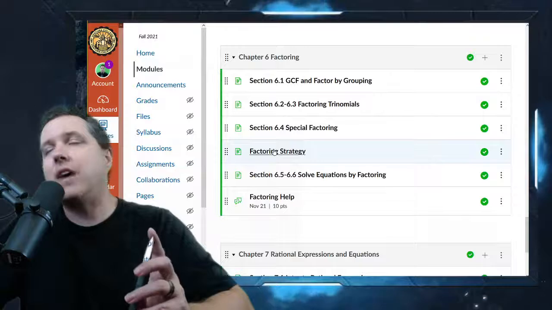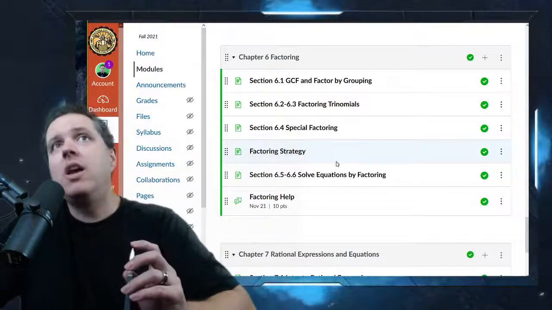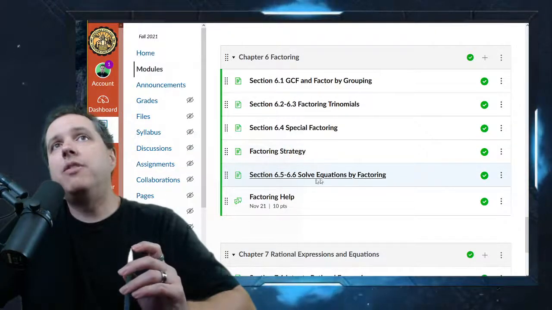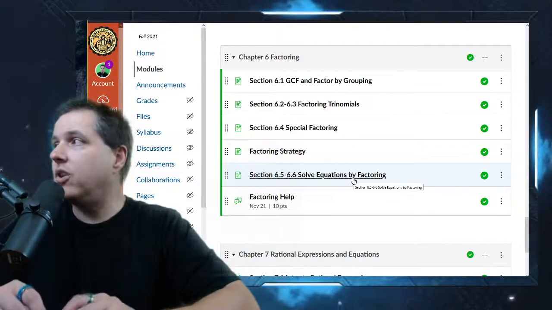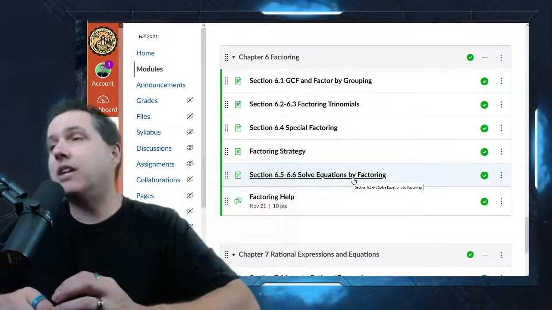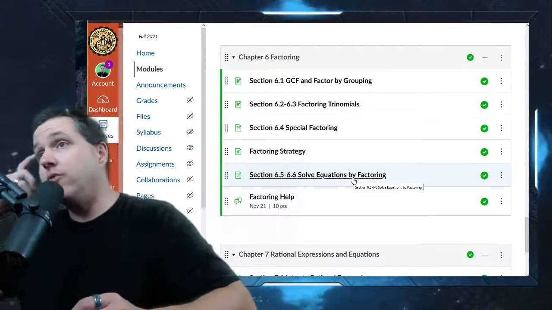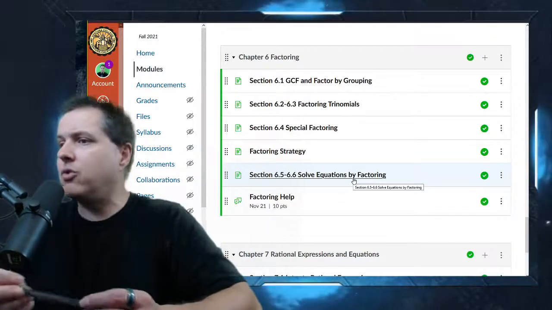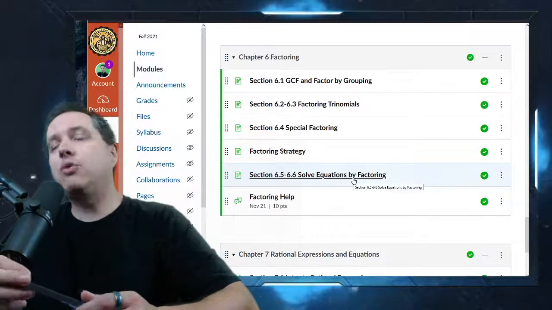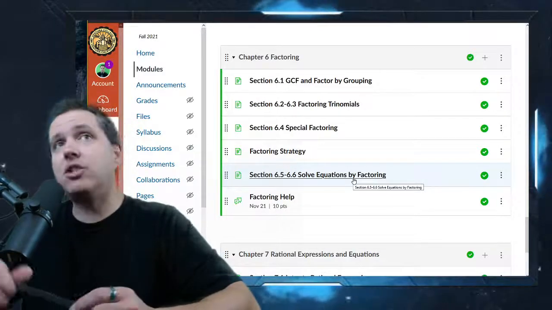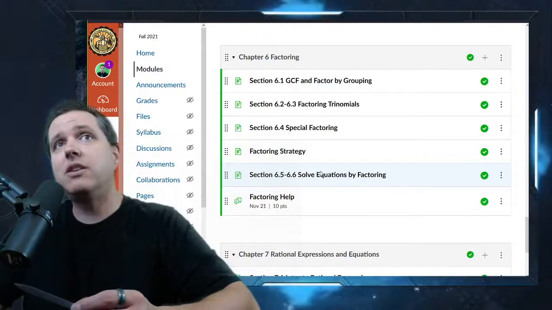And then we'll get into factoring strategy. And then the time after that, we'll look at solving equations by factoring. So you've got something, you factor it, you use that to solve an equation. So far, we've just been factoring for the sake of factoring because you're new at factoring. So we're actually going to use factoring for something, which is to solve equations.